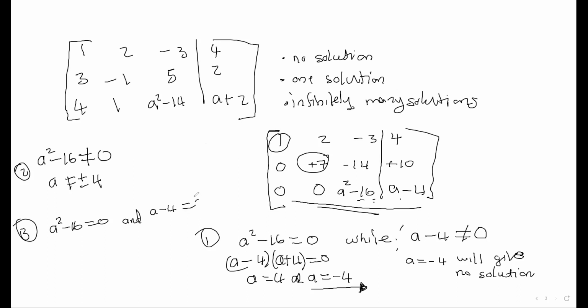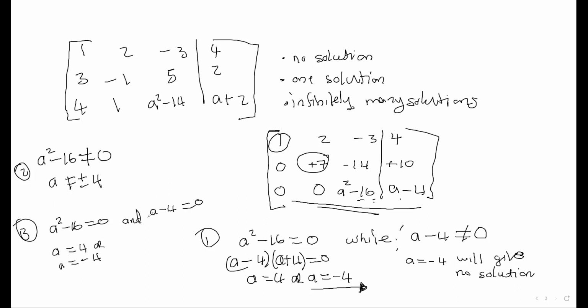Is equal to 0, right? So here we've already done it. a is equal to 4, or a is equal to minus 4. And then we check, because we've got 2 here. We check if it goes hand in hand with this one.